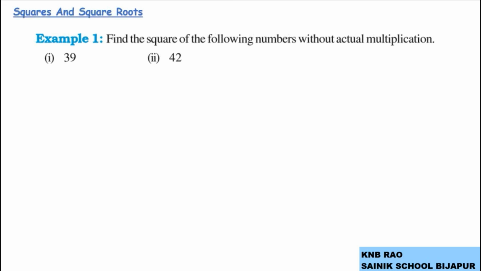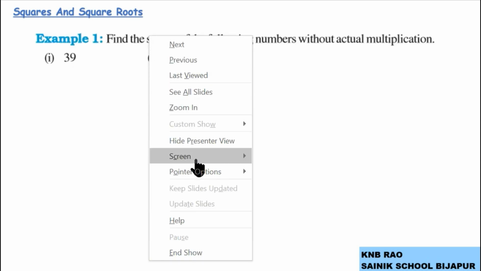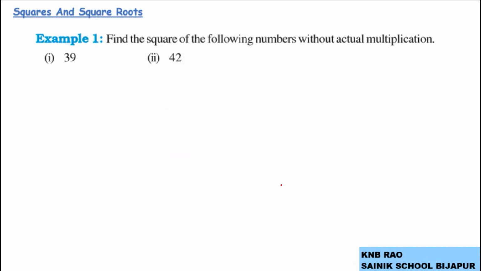Here, to find 39 square, we need to write it first as 30 plus 9 whole square.